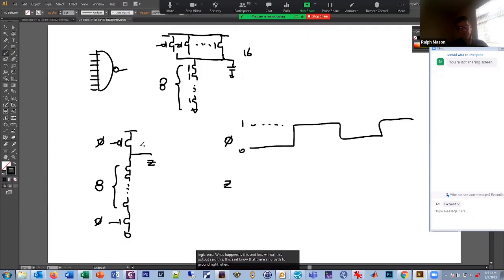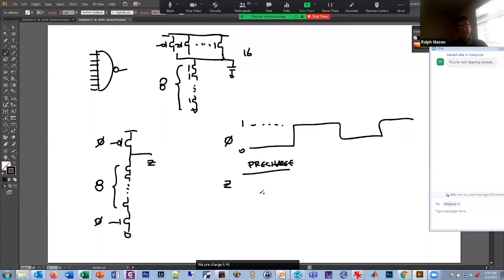When phi is low, the PMOS turns on, so it pulls the output high. So the output goes high. And we actually call that the pre-charge. Doesn't matter what the logic is of these 8 inputs, the output is high. We pre-charge it high.